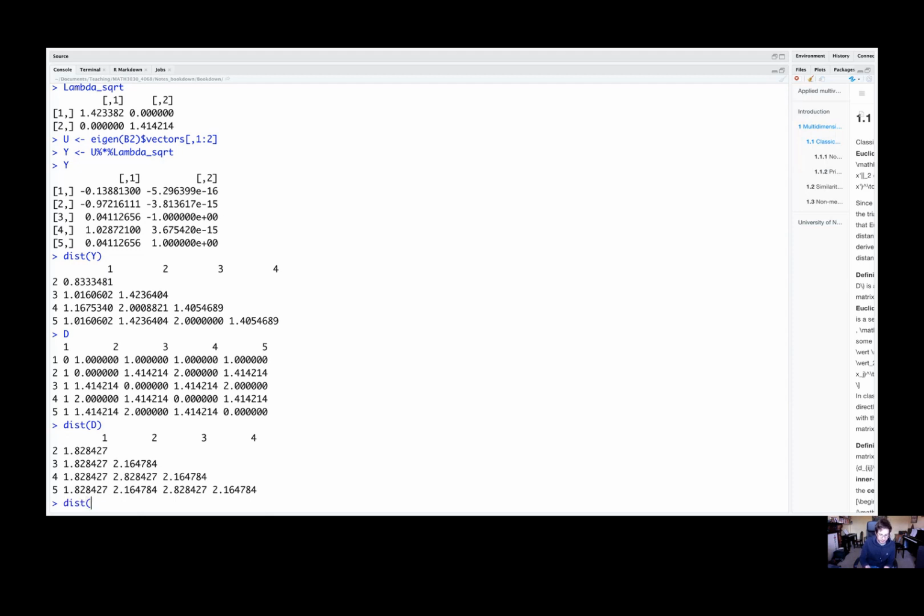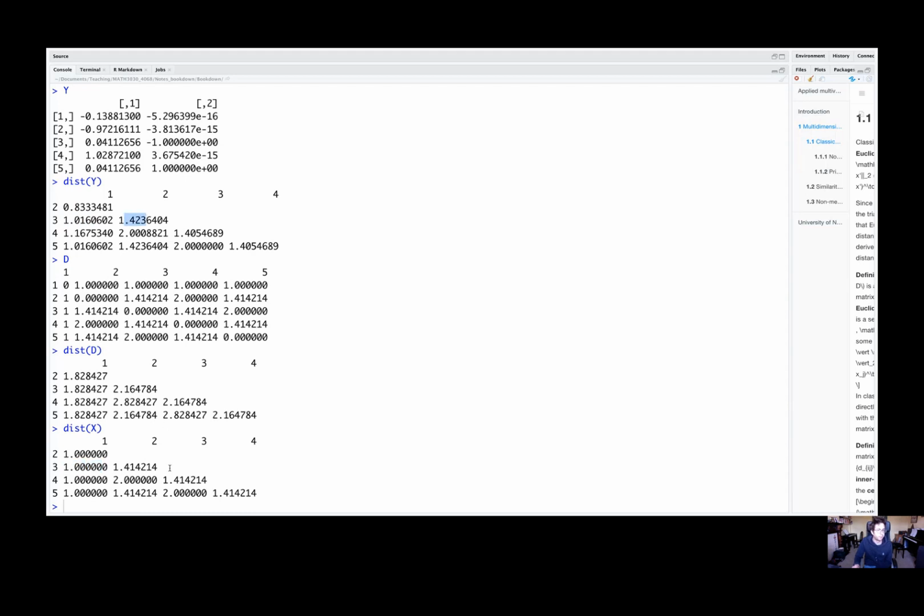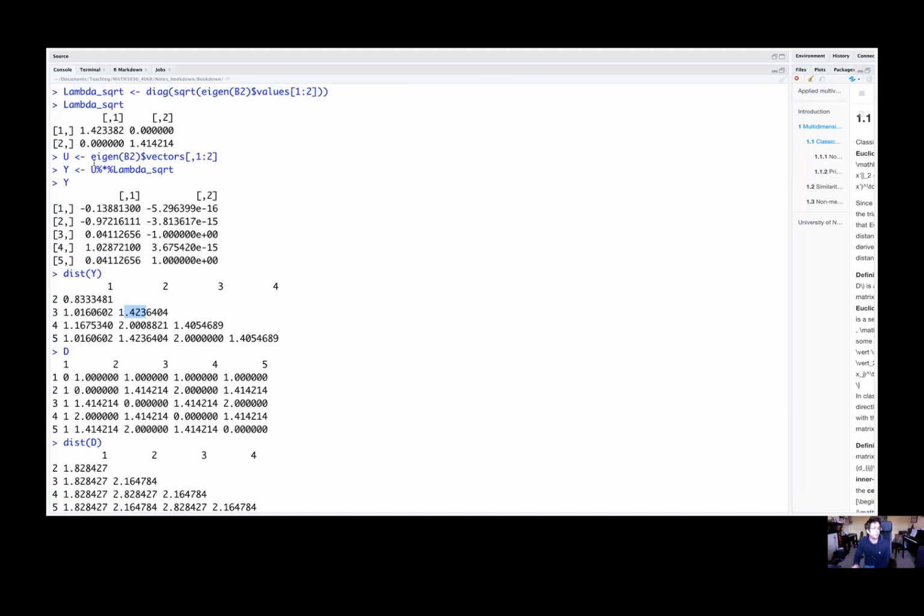Okay, sorry, distance X. So the distances are different here: 0.83 versus 1, 1.016 versus 1, okay, 1.42. But you can see that they're close. We've found a set of points that has approximately the distances we started with, and we did that by using the positive part here.